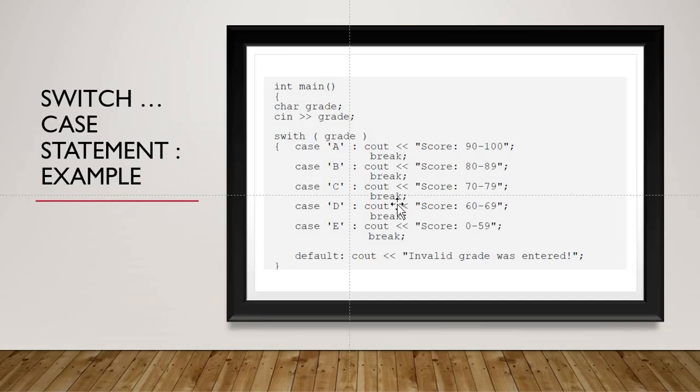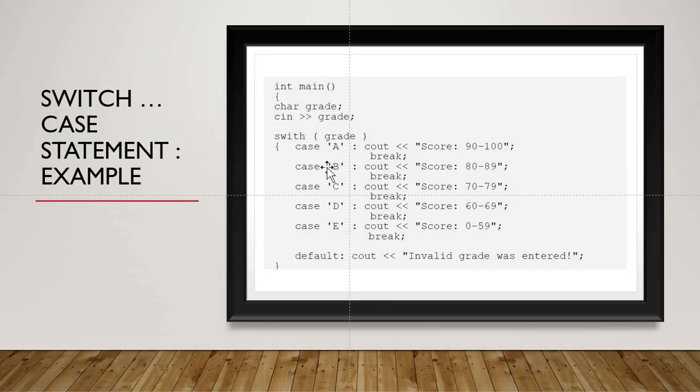So break, dia akan exit daripada switch structure ni lah. Because the compiler already found that the input entered by the user matches the grade for case A.